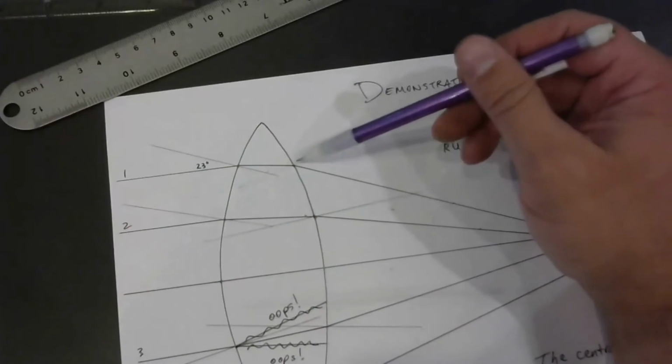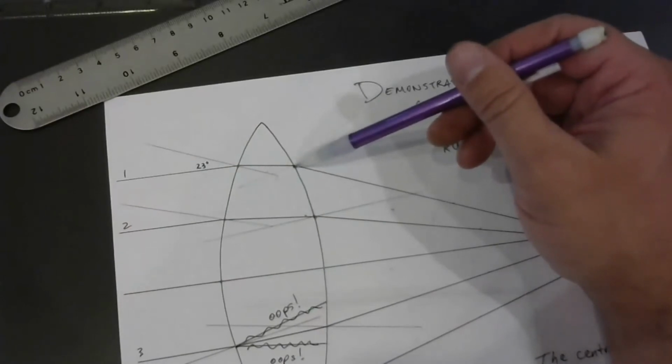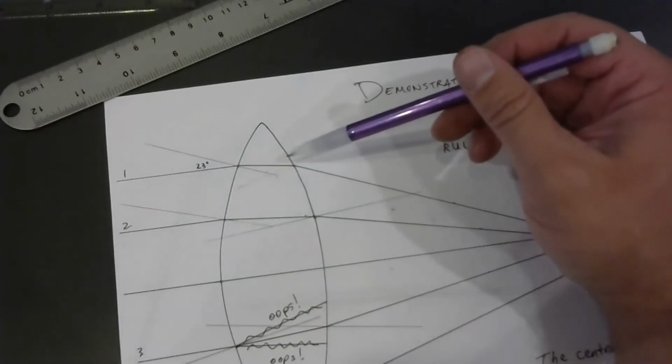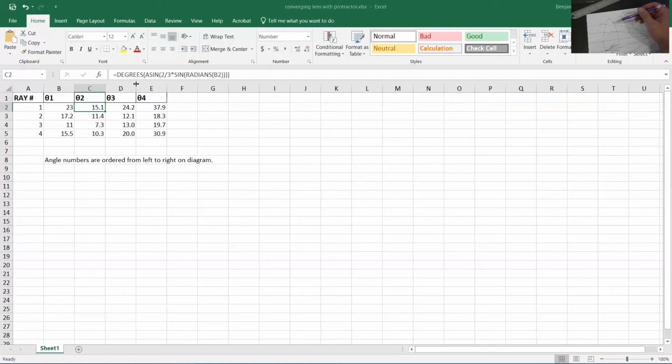And then you just repeat that procedure here. You'd have to get out your protractor again, measure this angle as carefully as possible. We'll go back to Excel. That's the angle that I'm calling theta 3. So I entered theta 3 here after measuring it. And once again, I use Snell's law to find the refracted angle on the other side.